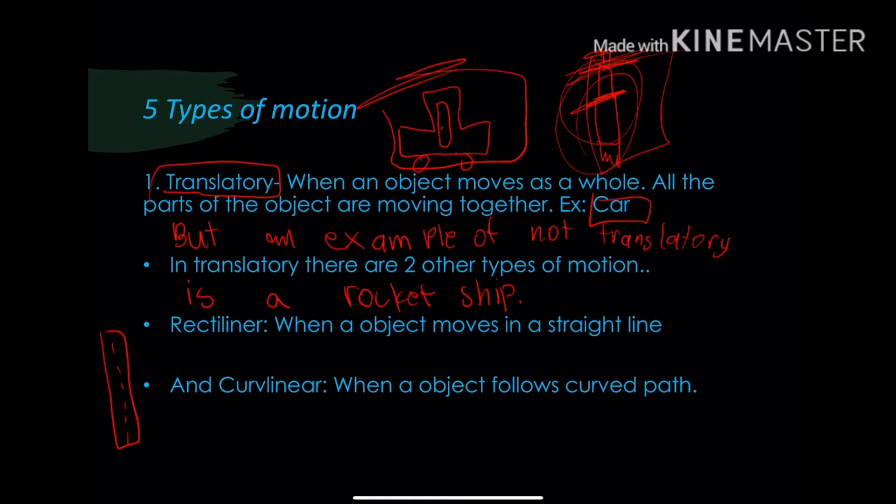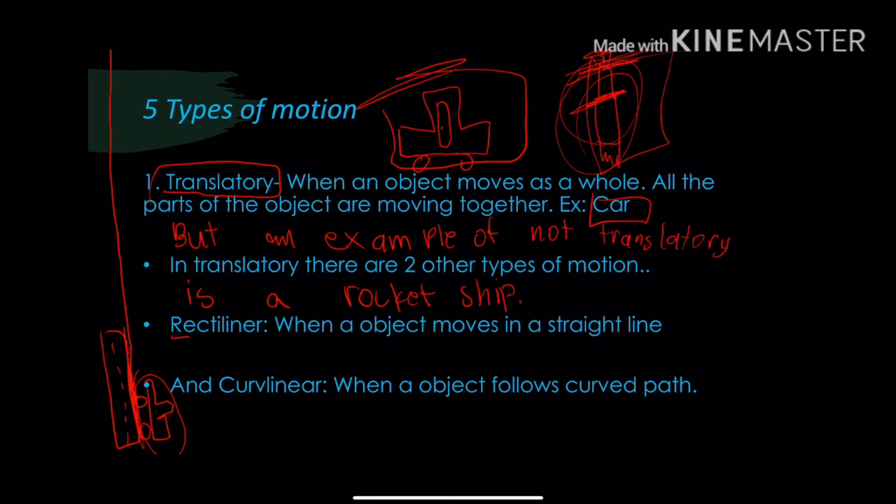For example, a car, when it travels in a straight path, it's in rectilinear and translatory, because we already know a car follows translatory motion, and it's traveling in a straight line.